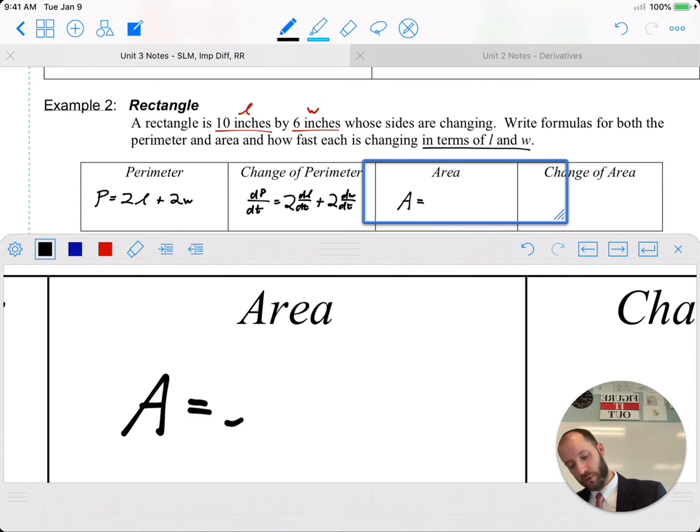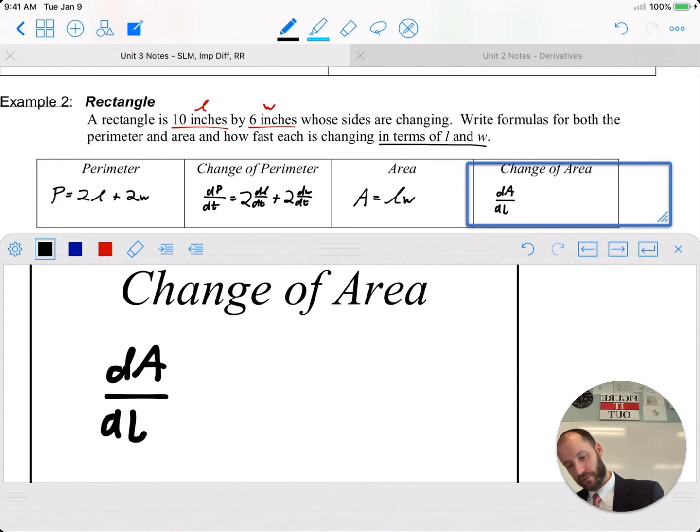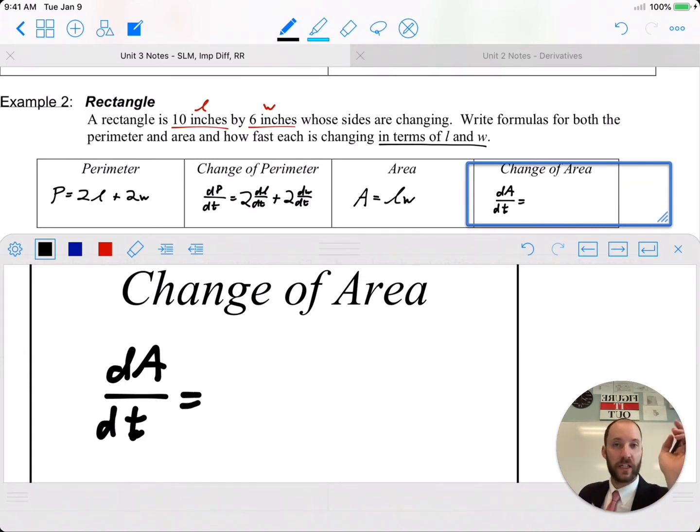Area, you should know this. Area is length times width. When we take the derivative, dA/dt. Okay, so the derivative of L times W does require a product rule.